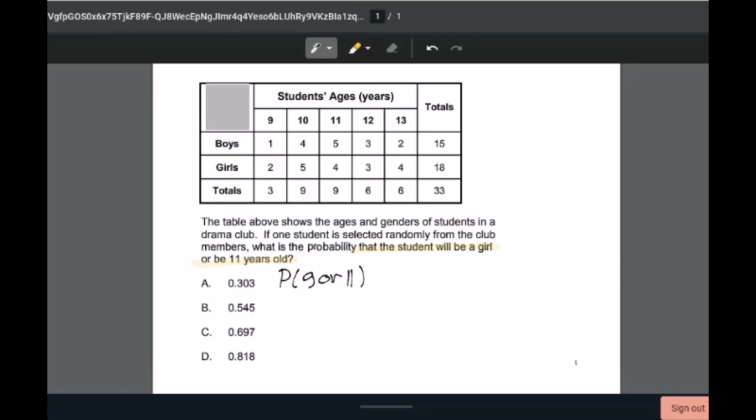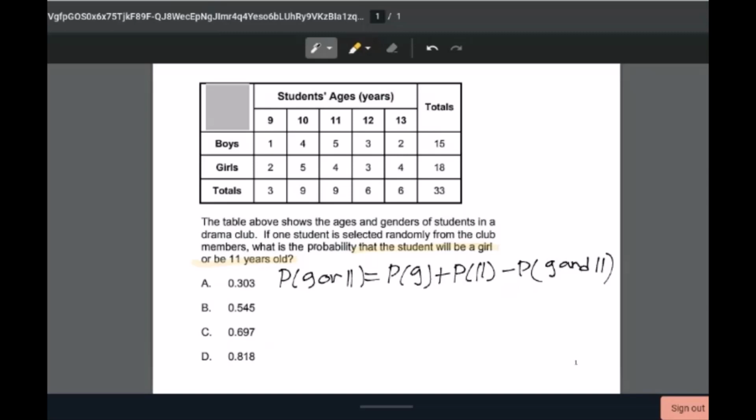These two events are not mutually exclusive, so we'll have to apply the probability of a union formula, which is the probability of the student randomly selected being a girl plus the probability of the student randomly selected being 11 years old minus the probability of the student randomly selected being a girl and being 11 years old.